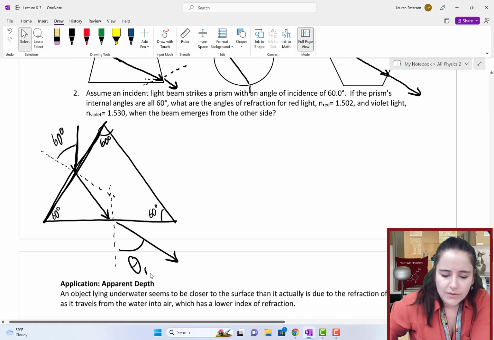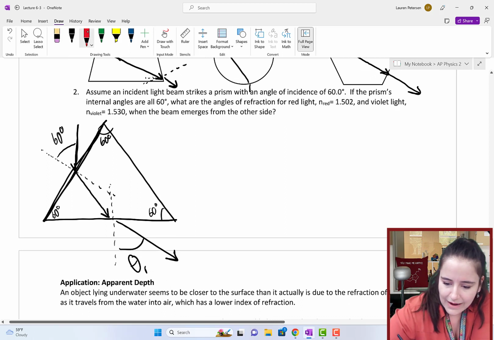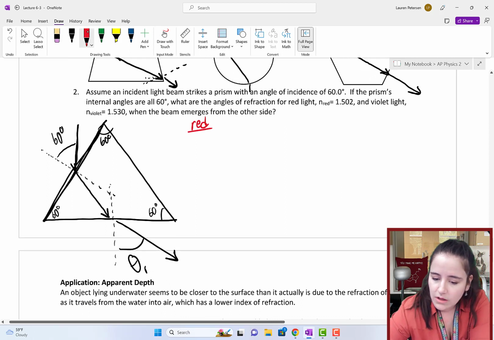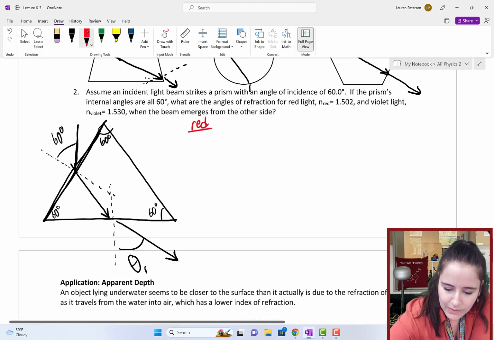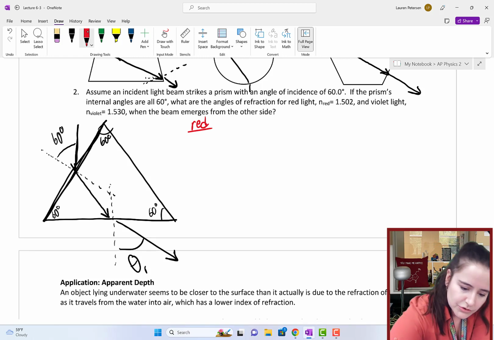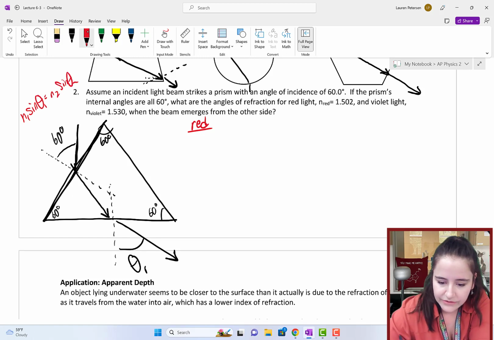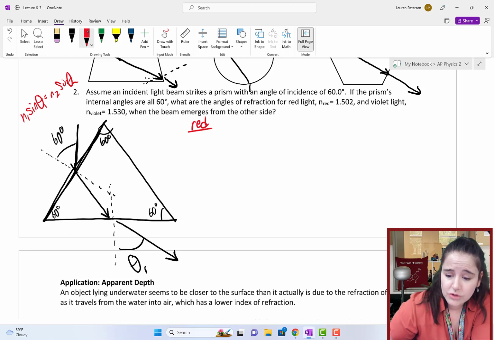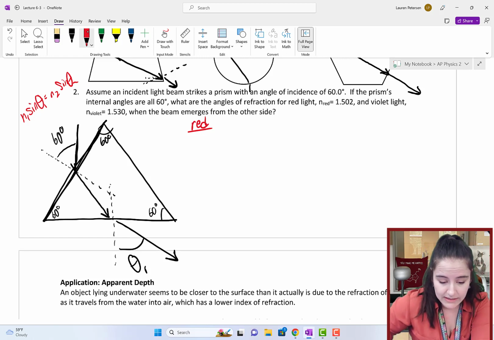Starting with the red light. On this first surface, I'll just write it off to the side, N1 sine of theta 1 equals N2 sine of theta 2, which we'll be using for all of them. It is incident, we're going to assume, in air. If it doesn't say, just assume it's in air.